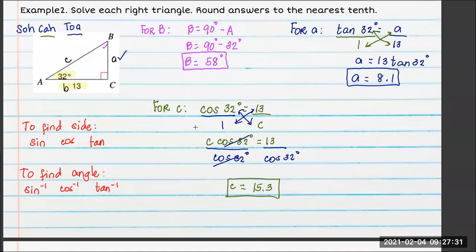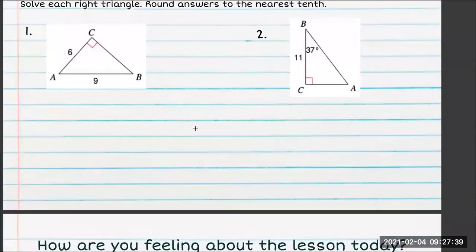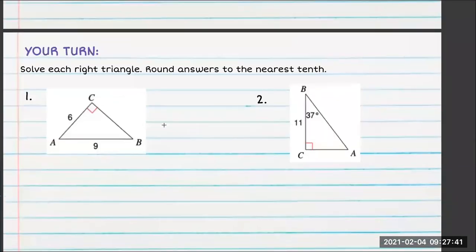All right, have you finished copying? Okay, the next slide is for you to work on. For the first slide here, what you want to do is to label the sides. So this would be your side A, this would be your side C, this would be your side B, which means that you have to solve for A because side A is missing.